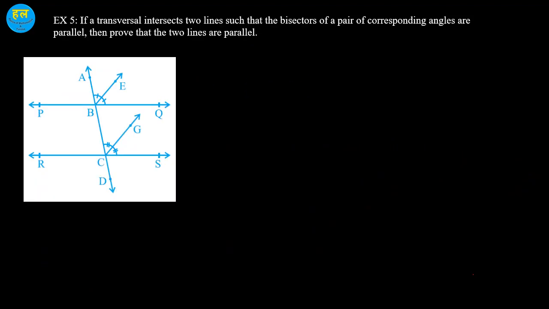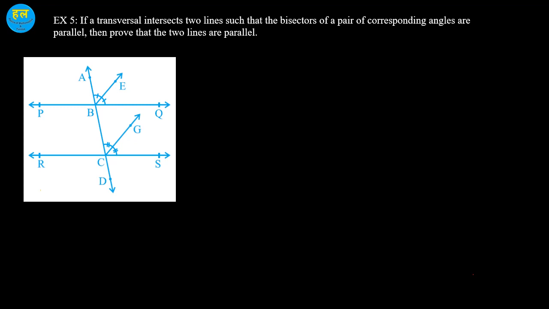Example number 5. If a transversal intersects two lines such that the bisectors of the pair of corresponding angles are parallel, then prove that the two lines are parallel.